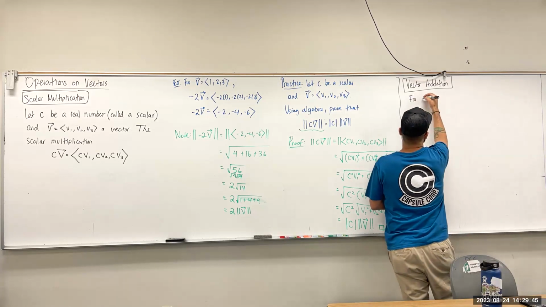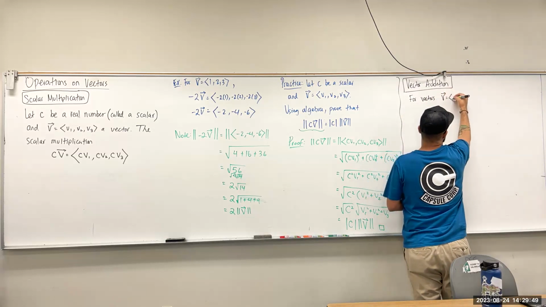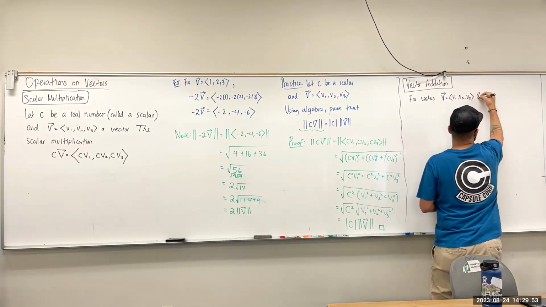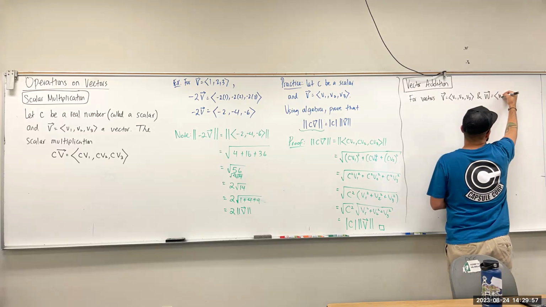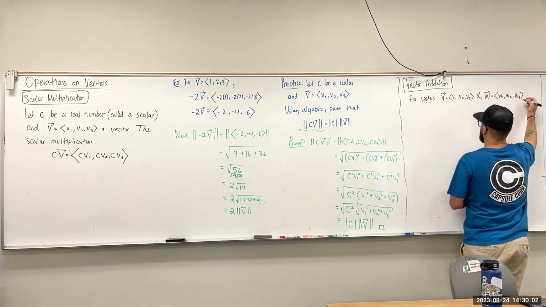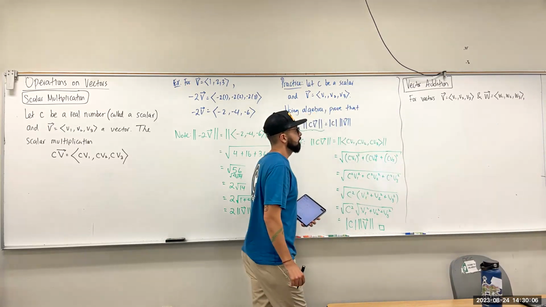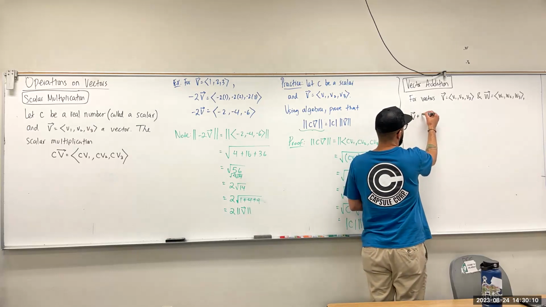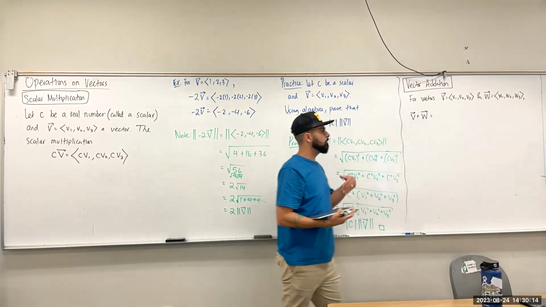So we have that for vectors V that has components V1, V2, and V3. And let's call the second vector W with components W1, W2, and W3. I want to add the vectors. I'm going to produce a different vector.